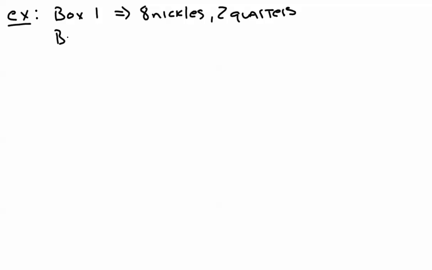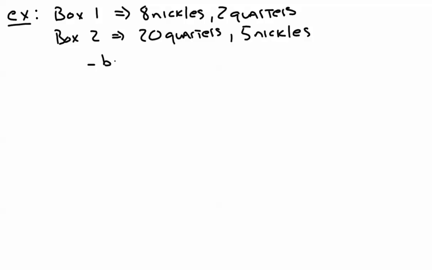Box 2 will have 20 quarters and 5 nickels. All right. We're going to assume that these boxes are initially closed and identical.